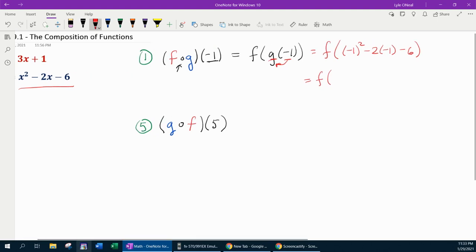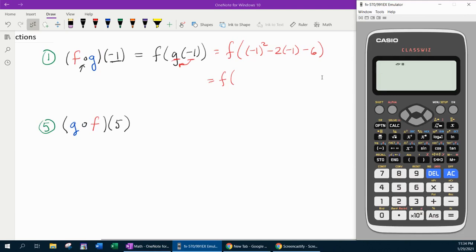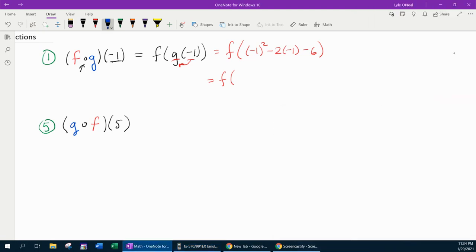Now, what I'm going to do to work that out is use my calculator. So we're going to say parentheses, negative 1 squared minus 2 times negative 1 minus 6. And that works out to be negative 3. So all of this stuff in the parentheses simplifies to negative 3.